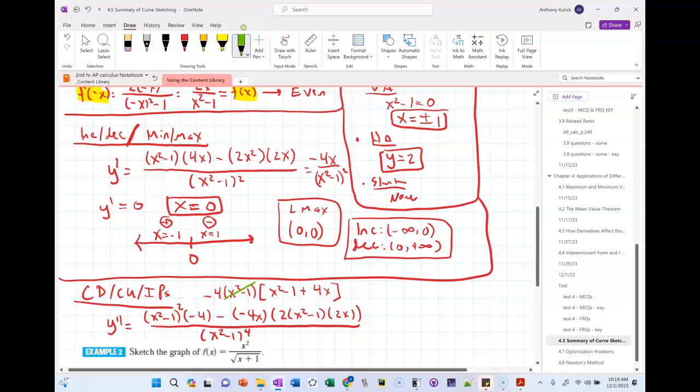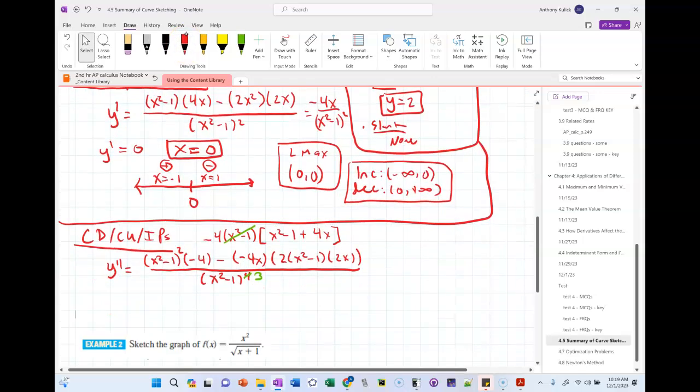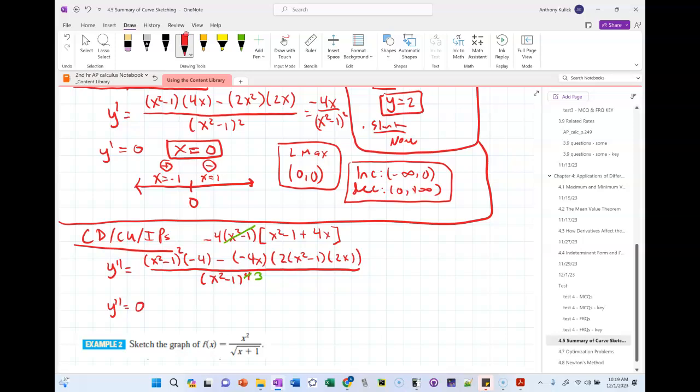But I'm just going to set that equal to 0, and to get my solutions, I need to just do the quadratic formula on that.